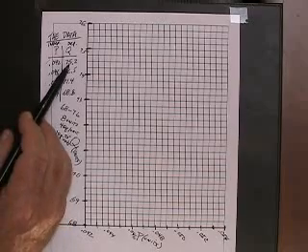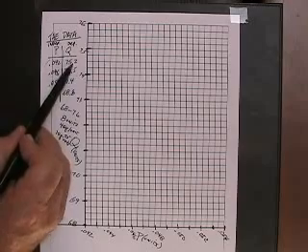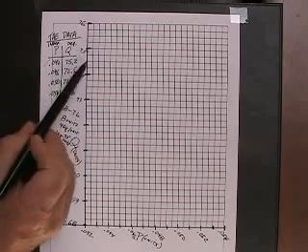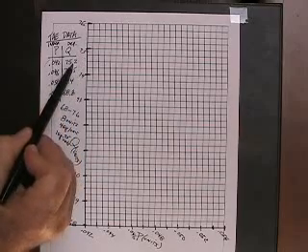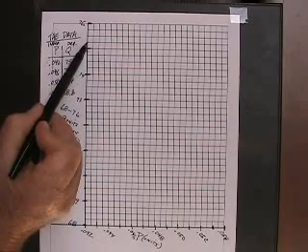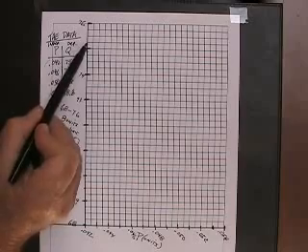I'm going to have to do some interpolation because I clearly see that if each one of these squares was 0.25 units, then 0.2 is not right up on that line, it's going to be a little below.